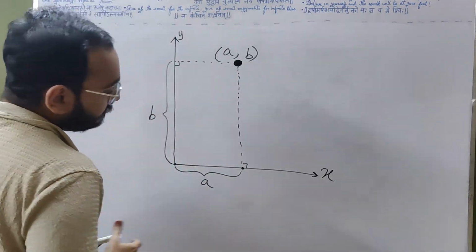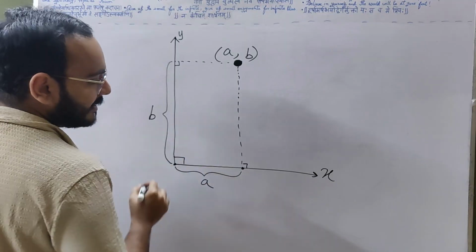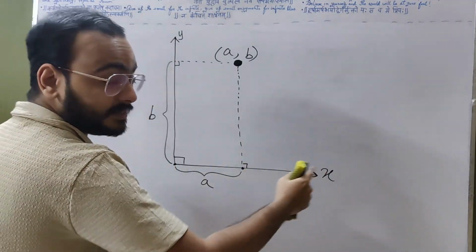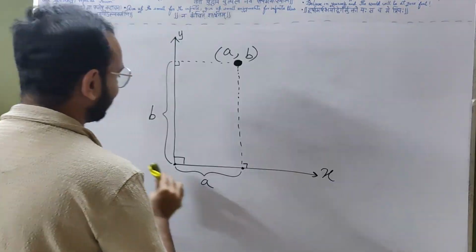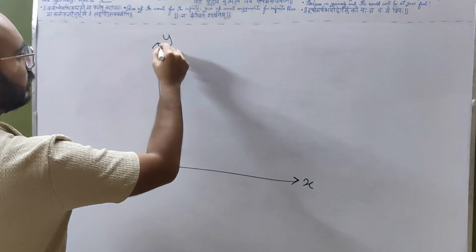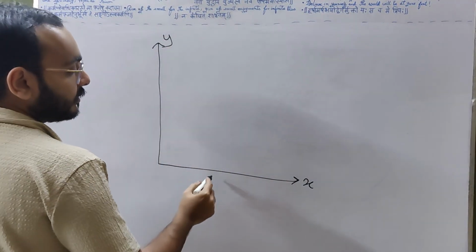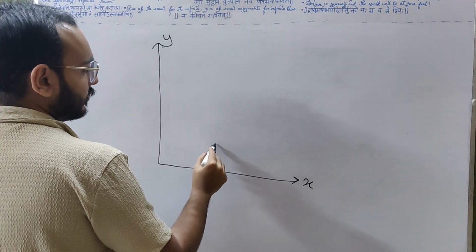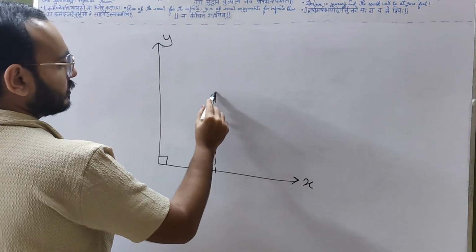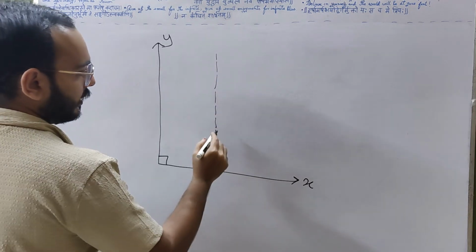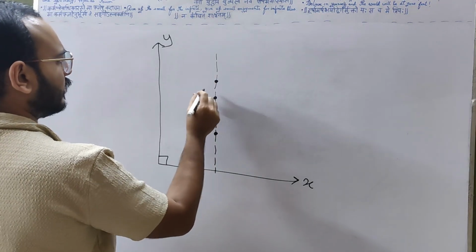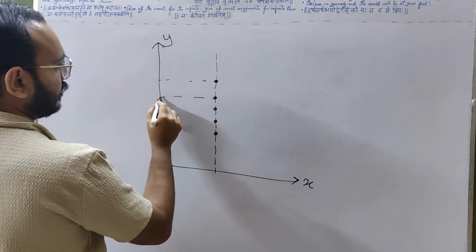Now I have to solve the problem of why they are at 90 degrees. Why is it important? So let me clean this up and draw the setup again. This is my x and this is my y. Now suppose I only move along the y direction. Keep in mind this is 90 degrees right now. So I'm moving only along the y direction, and each point on this trajectory corresponds uniquely to y, right?